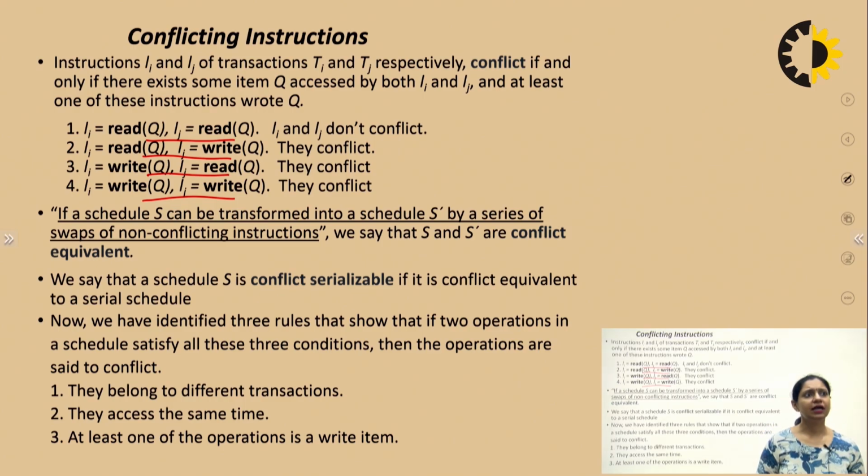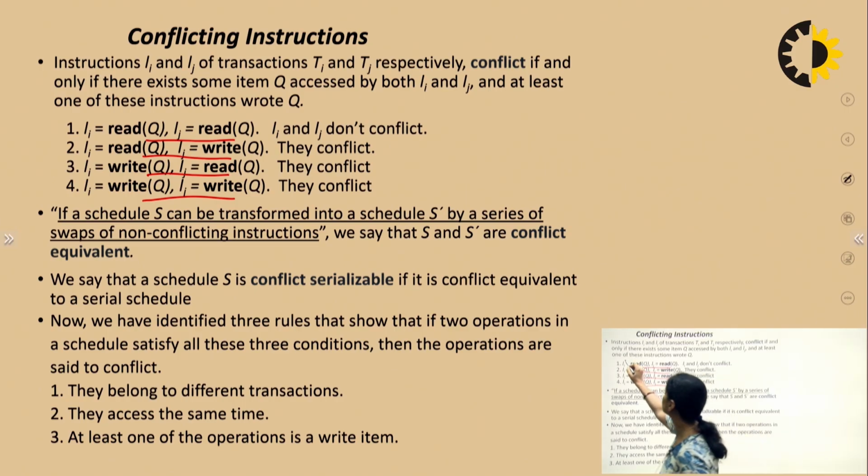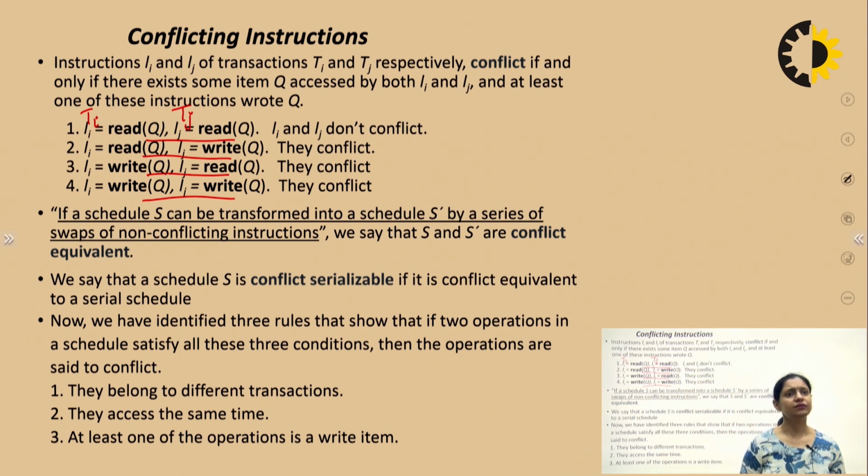Suppose we have two instructions Ii and Ij of two transactions Ti and Tj respectively. Both the instructions of Ti and Tj can read any data item and it will not conflict.